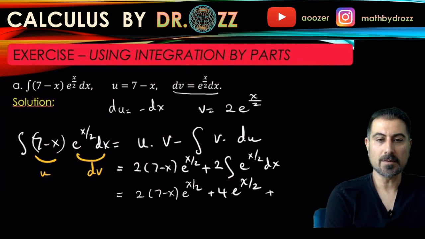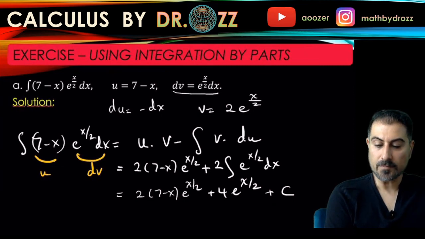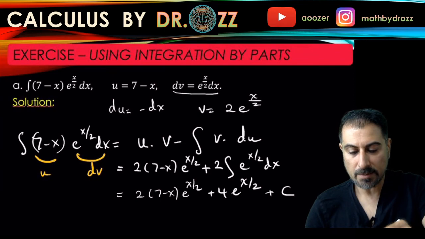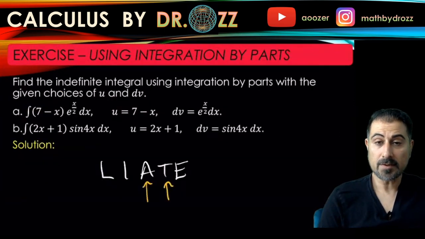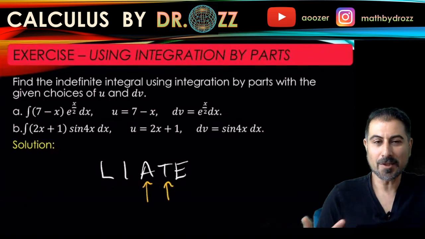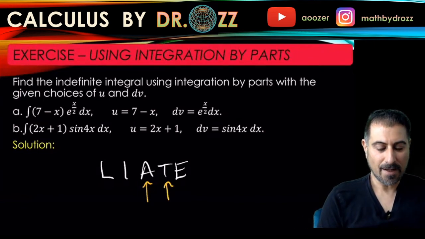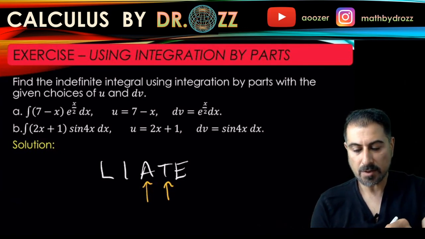All right, so this part of the question is something that uses our acronym LIATE. This may not be in your lecture notes, but I'm just telling you in the video as a complement, so you can use this or not, it's up to you.